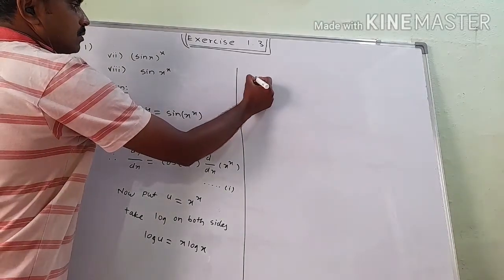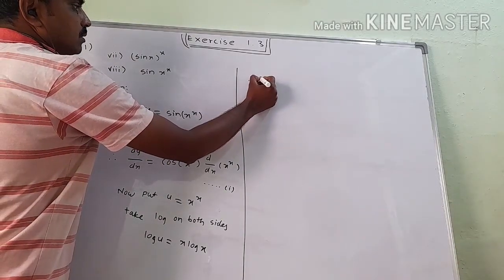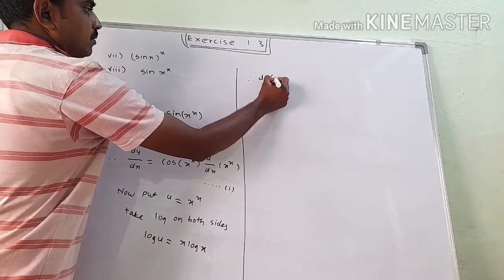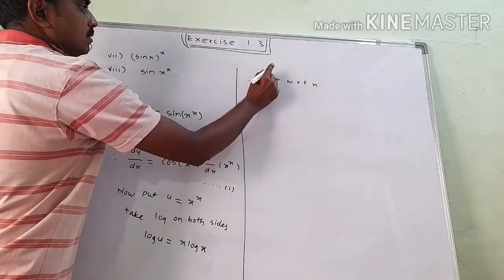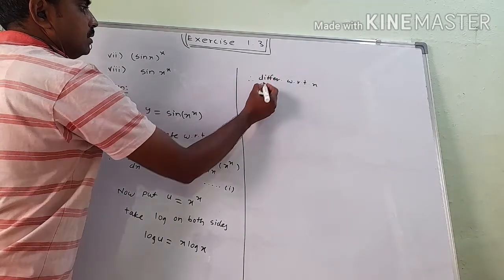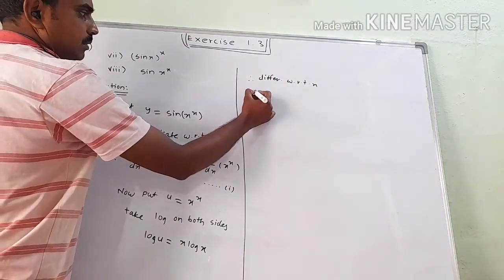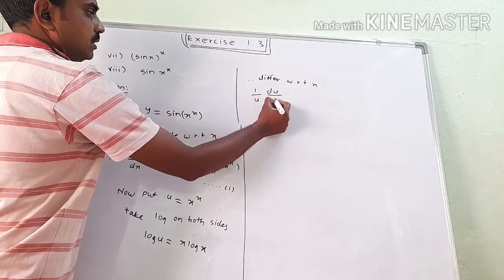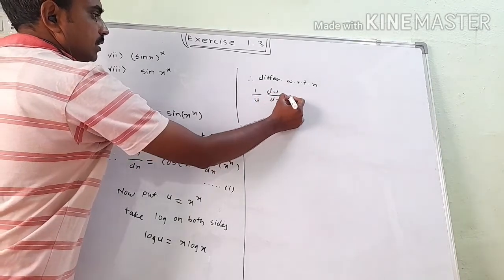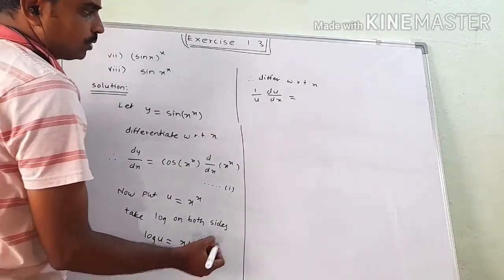Now what is the derivative of the above expression with respect to x? After differentiating the above expression with respect to x, we get 1 by u, like log y, into du by dx equal to, again we have to use the product formula here.